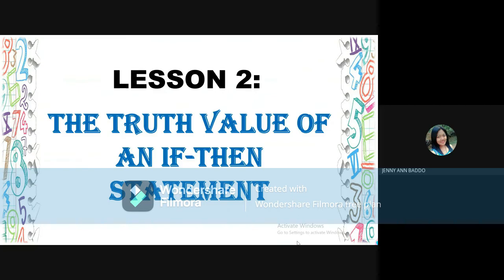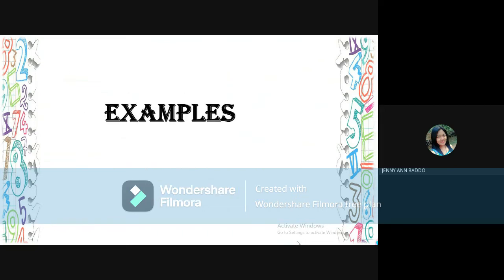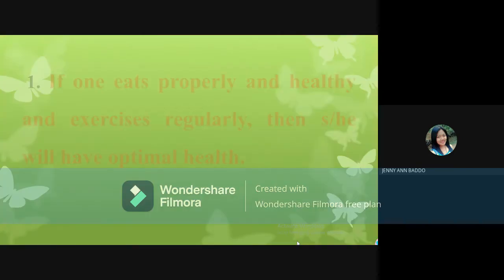Now, an evidence showing that an if-then or conditional statement is false is called a counterexample. We only need to find one example in which the hypothesis is satisfied but not the conclusion to say that an if-then statement is false. Let us have examples.